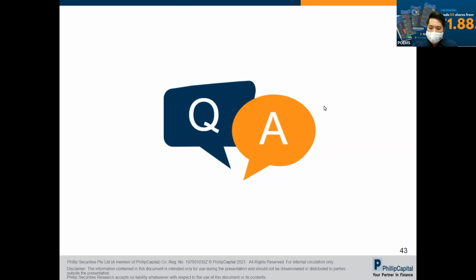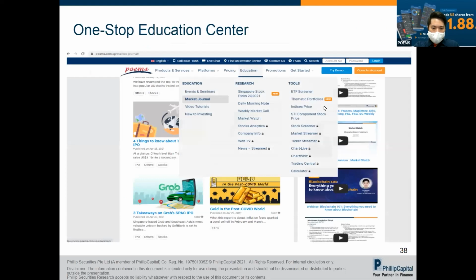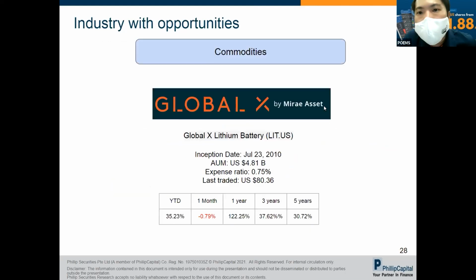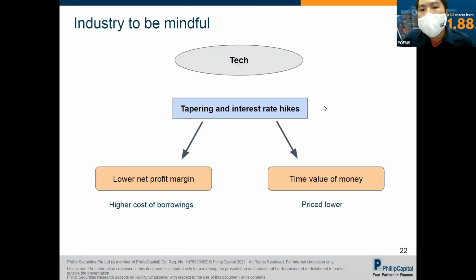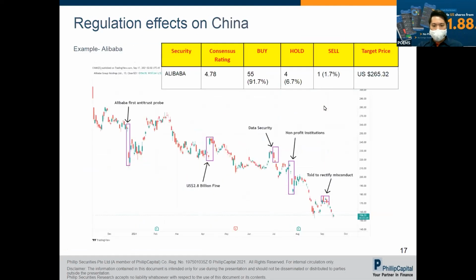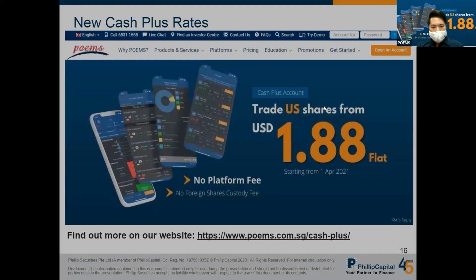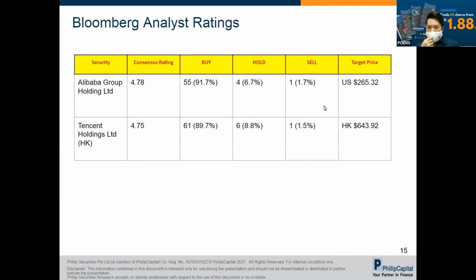Okay, and I think some of you asked for the fundamental target price for Tencent and Baba. So if you can take a look at this table, which, as mentioned just now, is basically pulled out from Bloomberg.